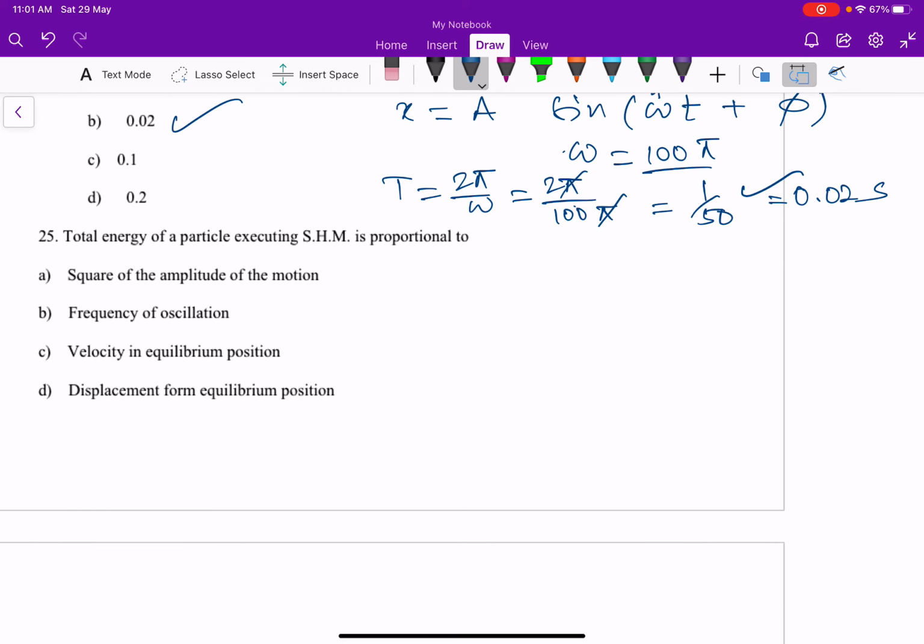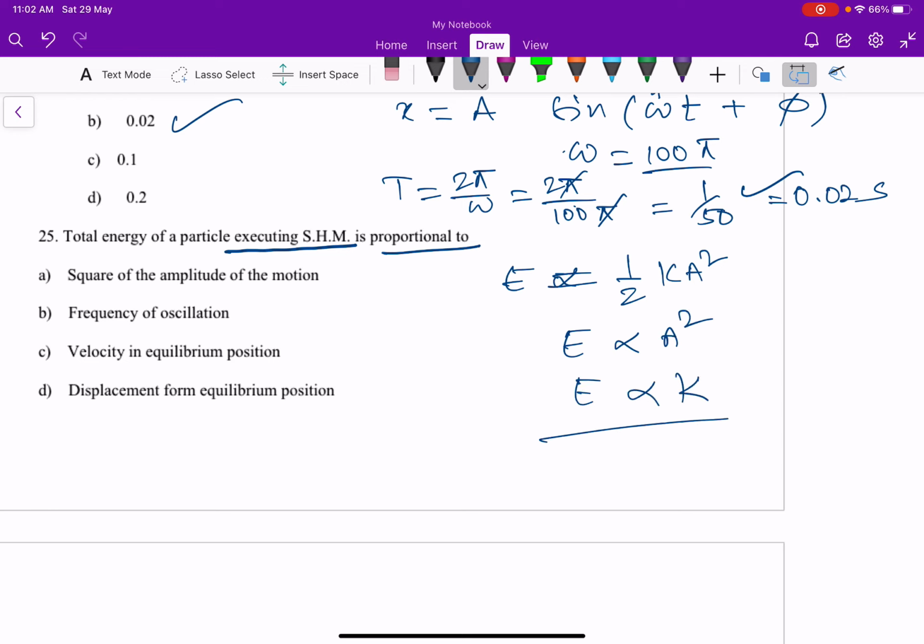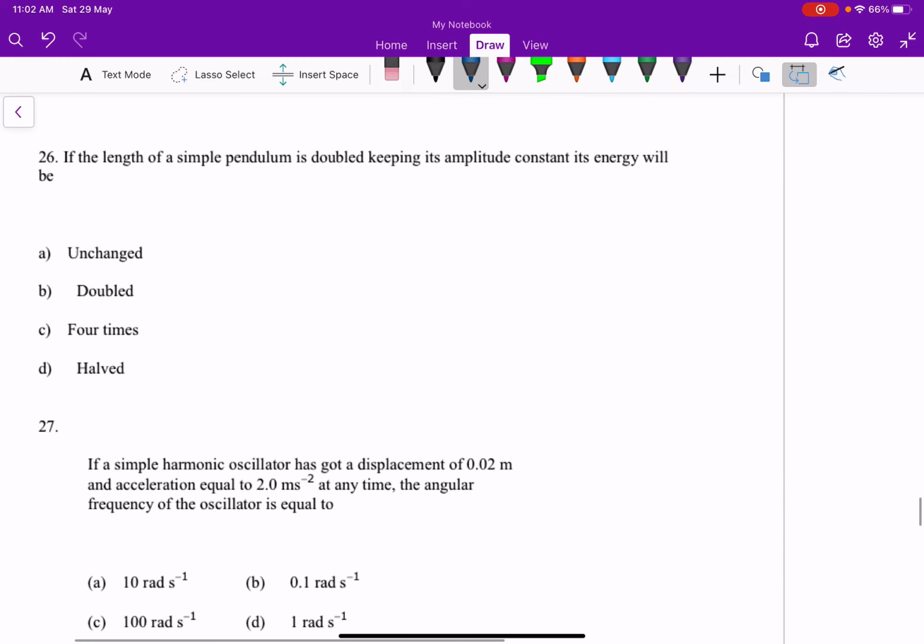Okay, the total energy of a particle executing simple harmonic motion is equal to half k a square. So total energy is proportional to the square of the amplitude and proportional to spring constant. Square of the amplitude of motion is correct.